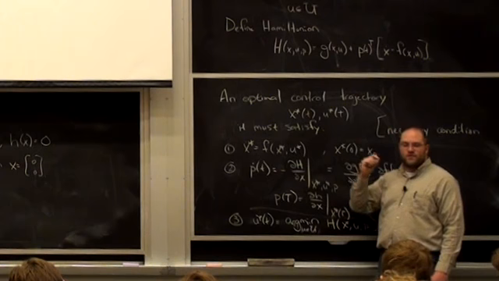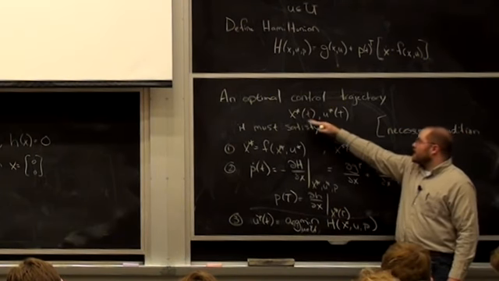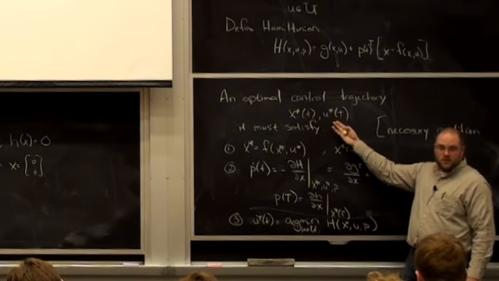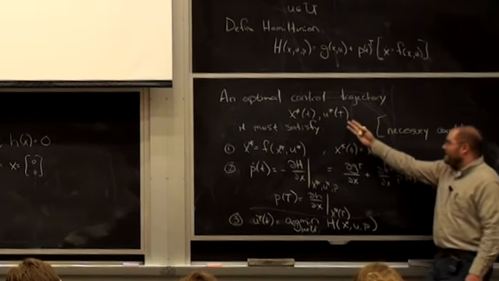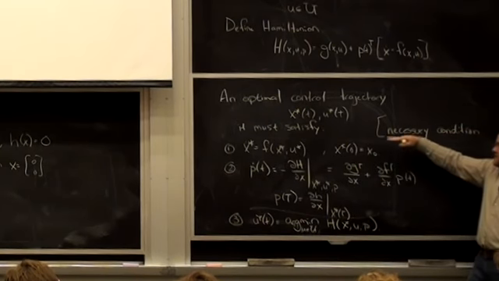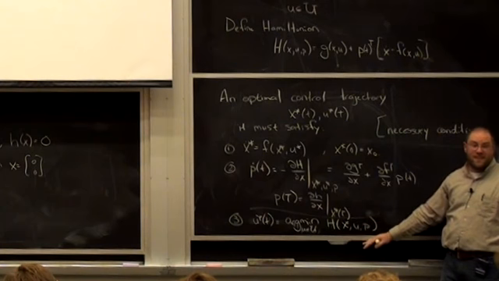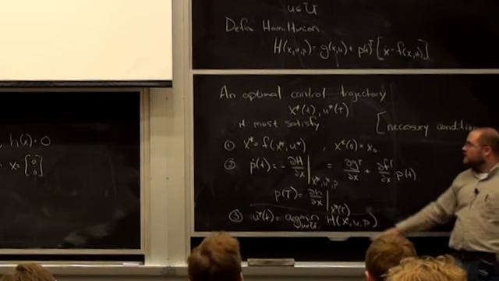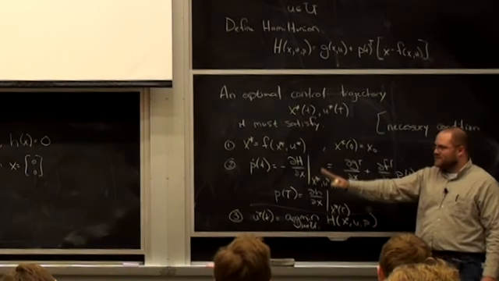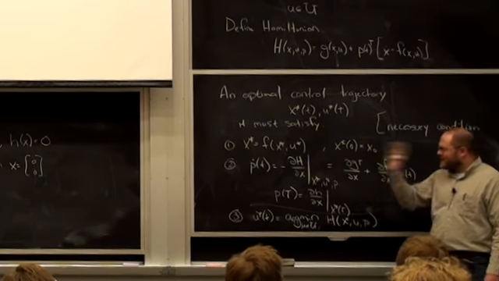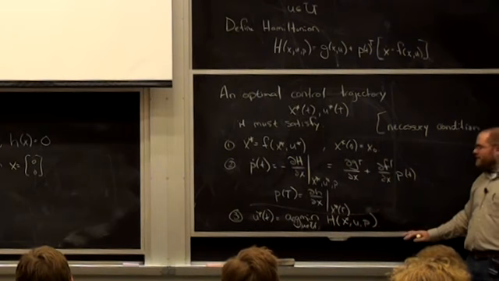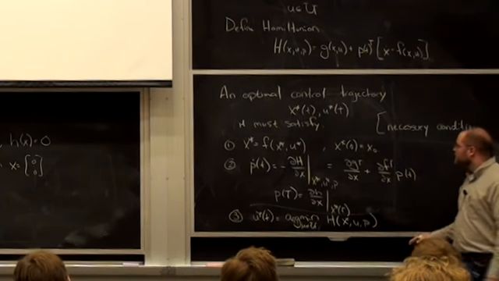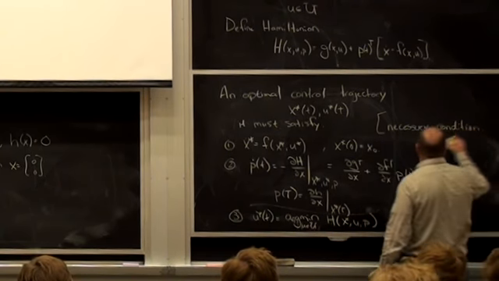If I found some optimal trajectory x star, u star, I can verify that a necessary condition is that all these things hold, but that's actually not a sufficient condition in general. For linear dynamics that are convex in the cost function, it turns out it's okay, but in general, it's not always sufficient.